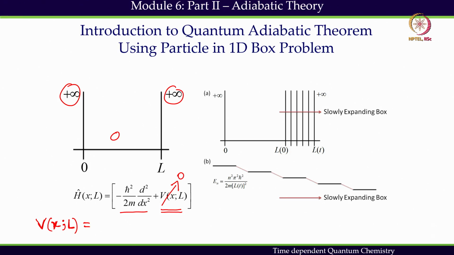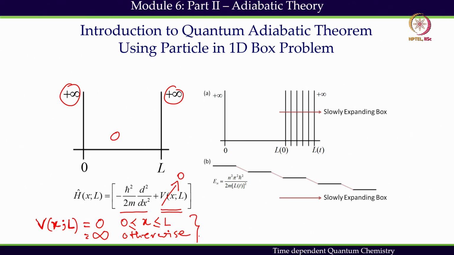So what we are saying is that V, the defining condition of the potential for the free particle in the box, is 0 for all x greater than or equal to 0 and less than or equal to L, and it is infinite otherwise.